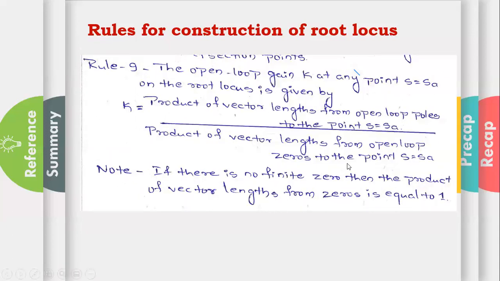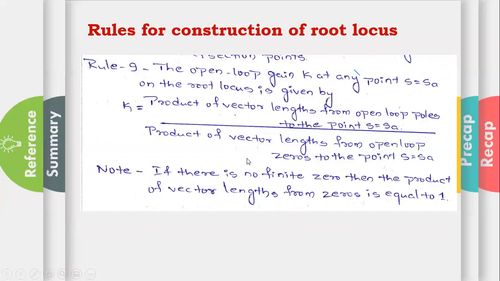Next, rule number 9. The open loop gain K at any point s equal to sA on the root locus can be given by this formula. So K is equal to the product of vector lengths from open loop poles to the point s equal to sA, divided by the product of vector lengths from open loop zeros to the point s equal to sA.